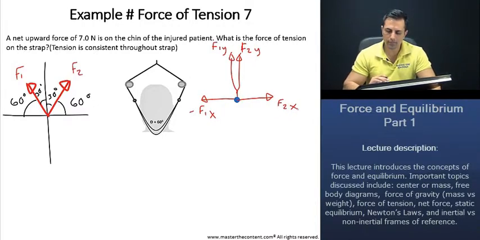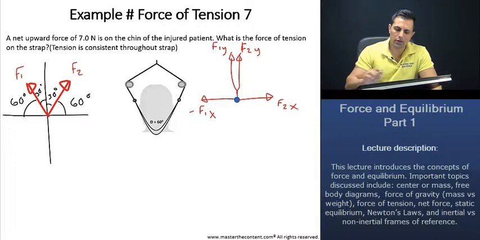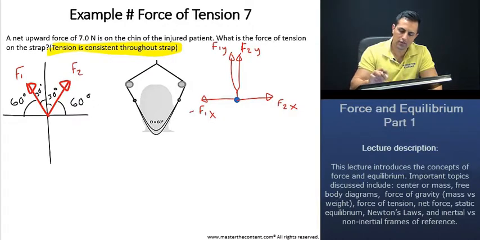In this problem, it's telling us that tension is consistent throughout the strap. Because tension is consistent throughout the strap, we know that force 1 is going to equal force 2.